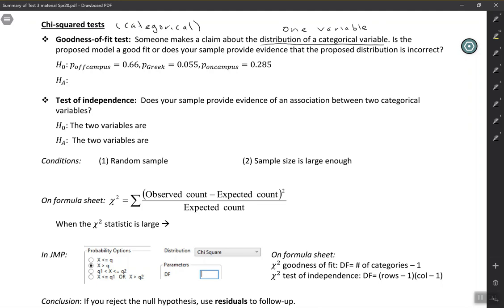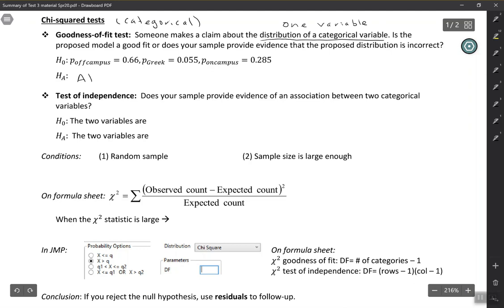So we have this distribution that applies to UGA as a whole, and what we're trying to prove is that MSIT is different. So in other words, at least one of these proportions is different from what's been proposed here. Right? So that would be an example of a goodness of fit test.